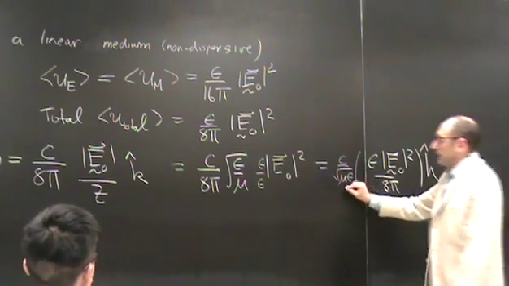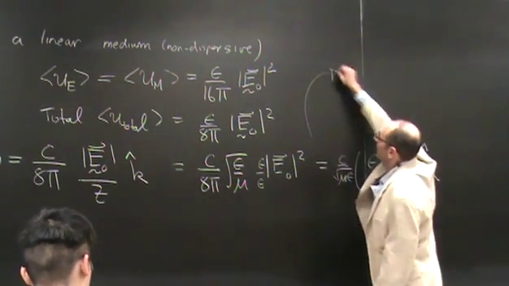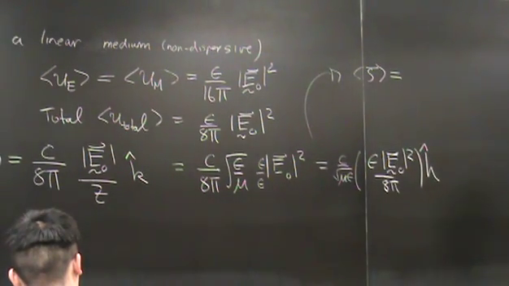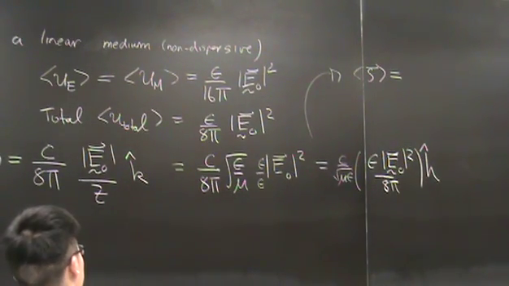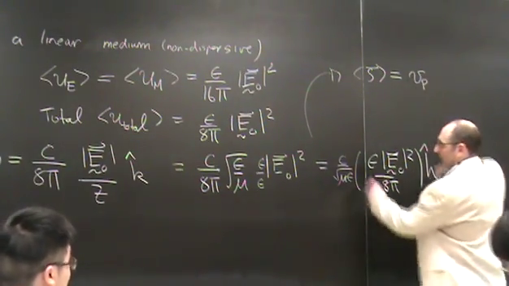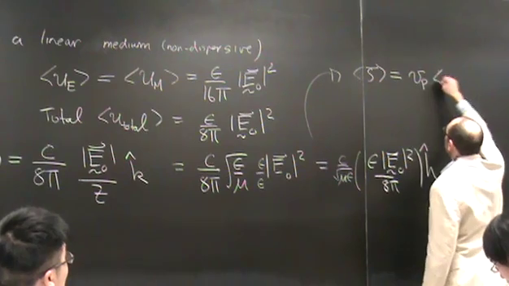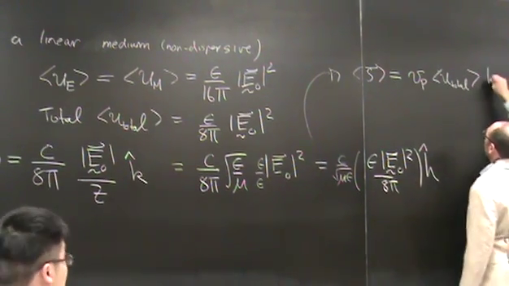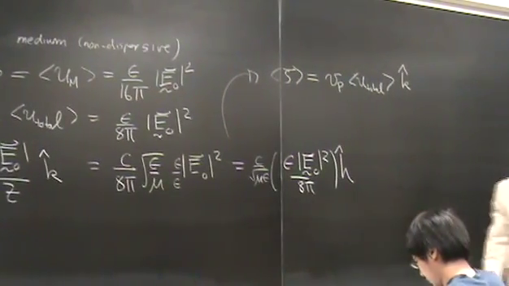This thus tells us that for a plane wave in a linear dielectric, the flux of energy is equal to the phase velocity times the total energy density, propagating in the direction of k.